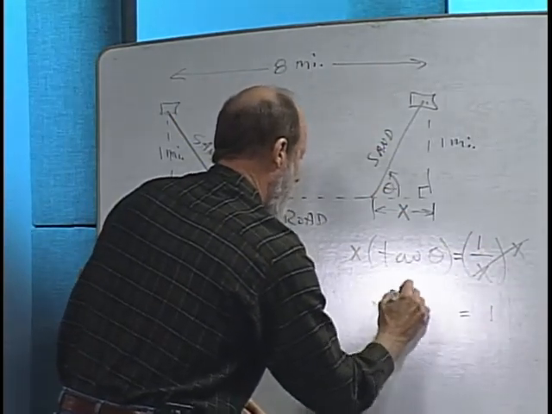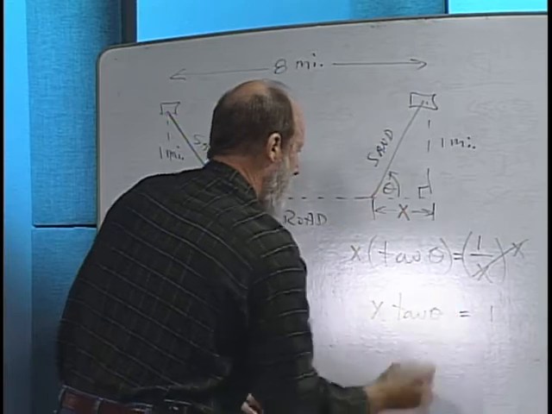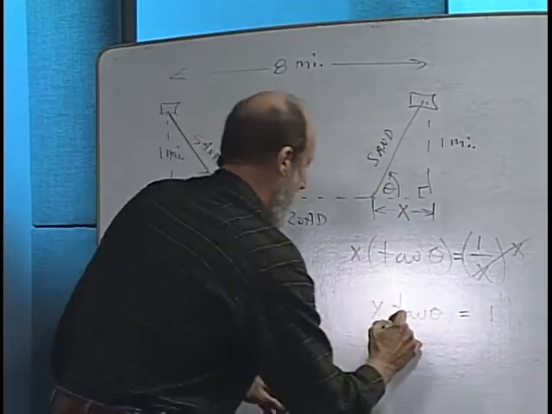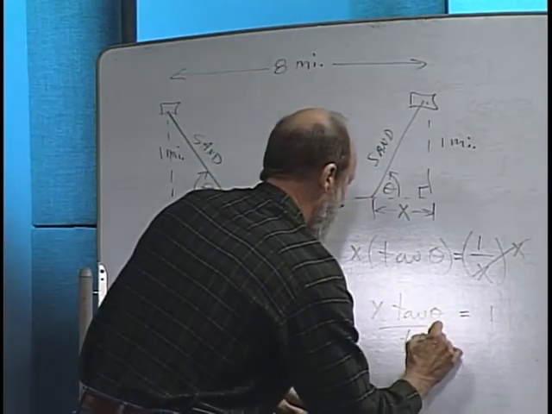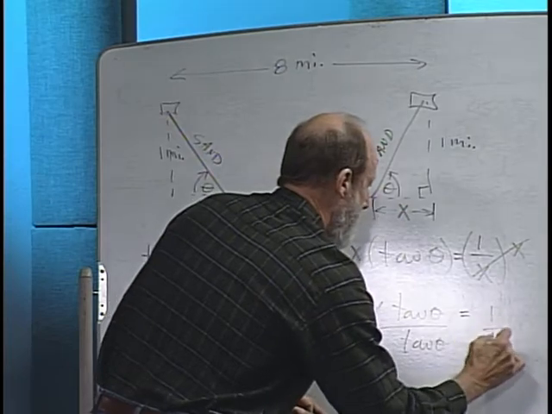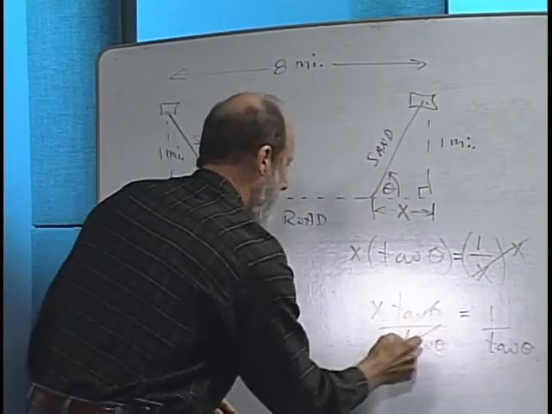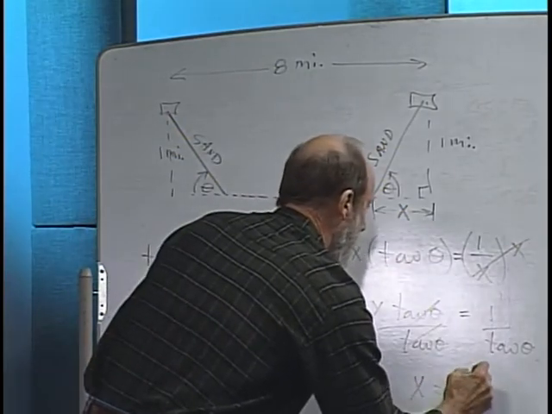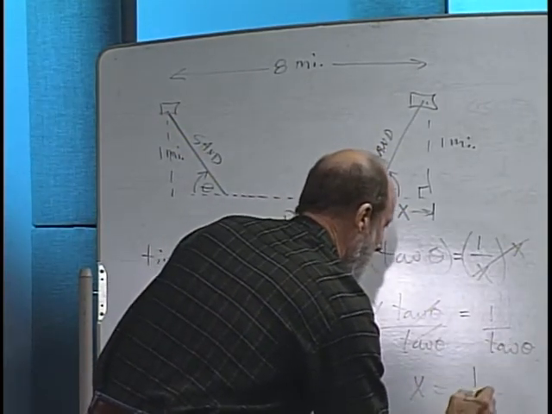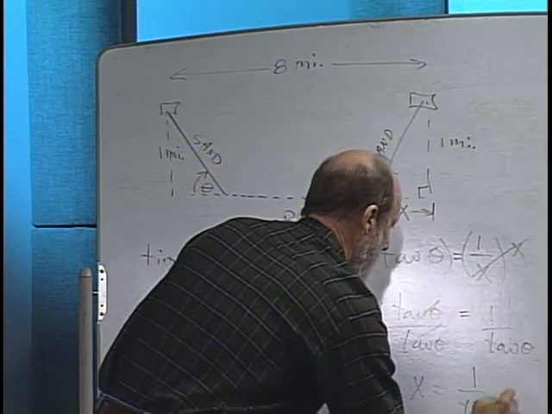And so we have x times the tangent of theta, and then we divide both sides by the tangent of theta. It's a beginning algebra level type of process here. And so we end up with x being 1 over tangent of the theta angle.